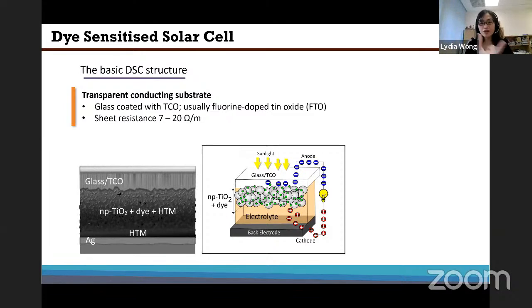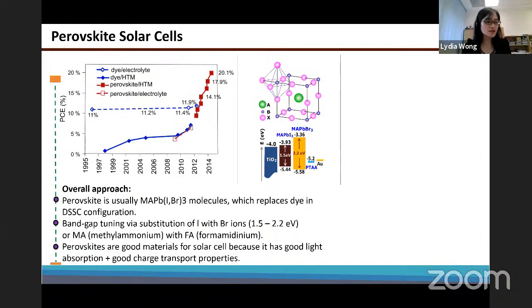The dye also can be made from natural dye, fruit dye like strawberry or beetroot. Yeah, and then you prepare another electrode, and then you sandwich these two, and then you inject an electrolyte. Okay, this is called a dye-sensitized structure.